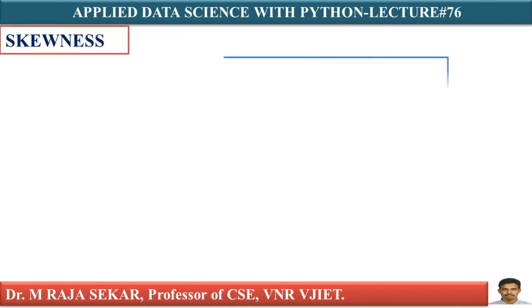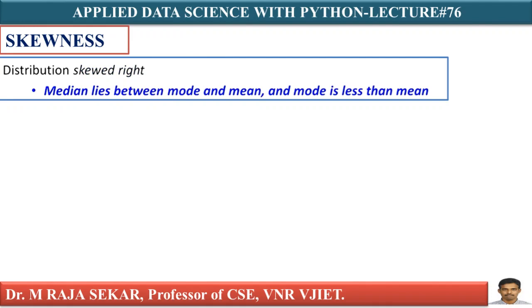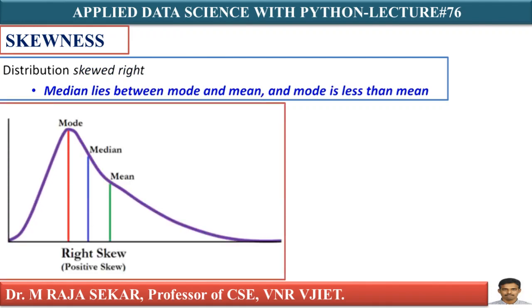Now if you observe right skewed data, if you carefully observe this particular diagram, we know how to identify the mode. I already discussed many times about mode. This is a unimodal curve. Mode means the value which has the highest frequency in the data set. Why? Because it has more height, isn't it?